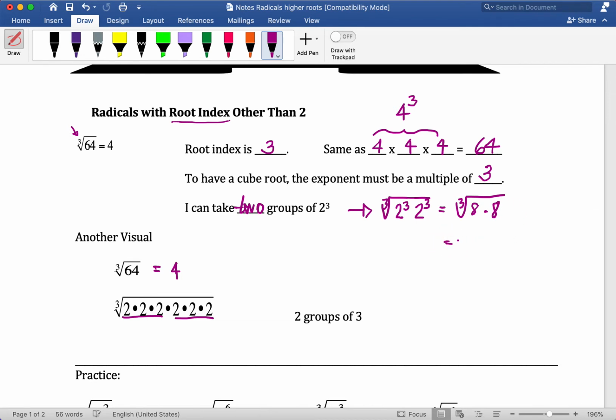And this becomes, oh, look at that, the cube root of 64, because 8 times 8 is 64. But look, if I take out groups of 3, this comes out as a 2. This comes out as a 2. Both 2's are on the outside, and that equals 4. And we've been saying the cube root of 64 is 4.